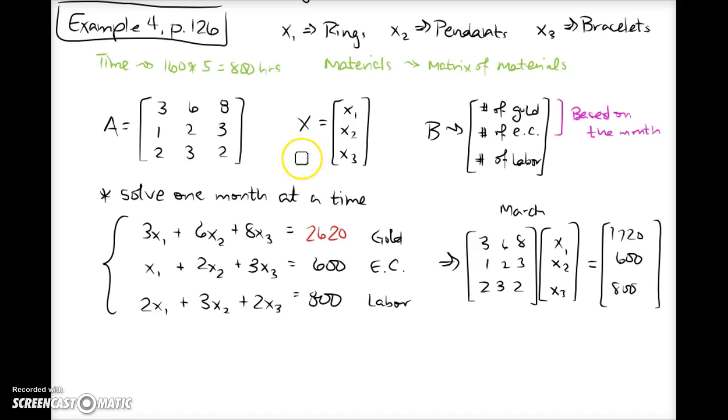And they will have 960 grams of enameling compound available. But it's still 800 hours of labor because the amount of labor time, as far as we've been told, doesn't change for each month. So you would change these values out and you have a whole new system that you're solving for. You would change out these values in your equation, whole new system.